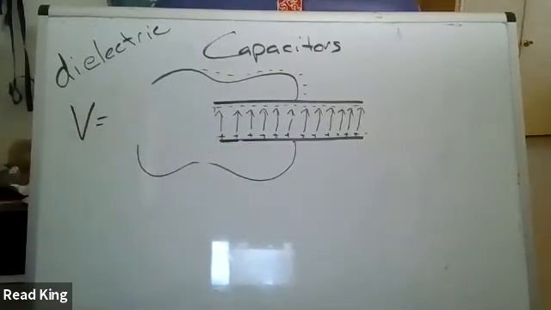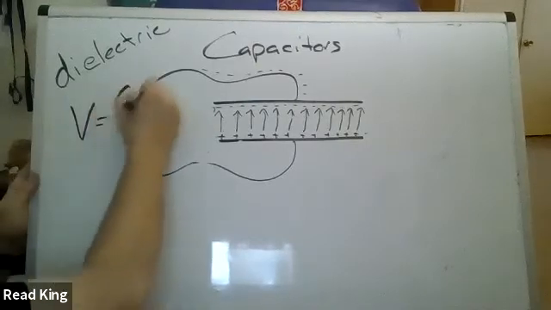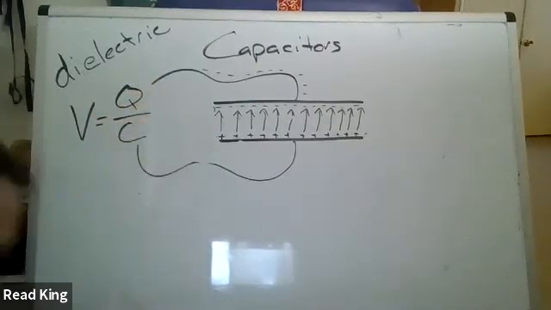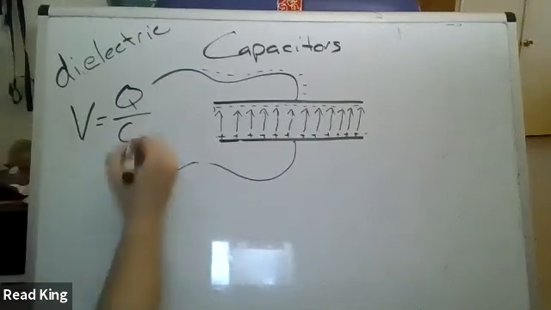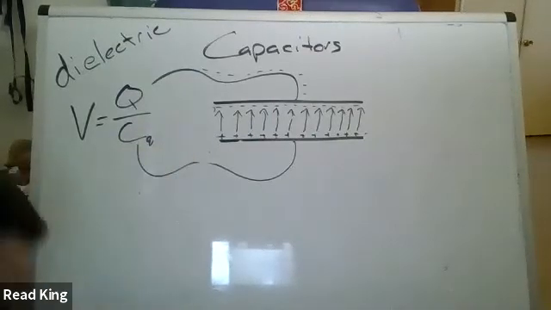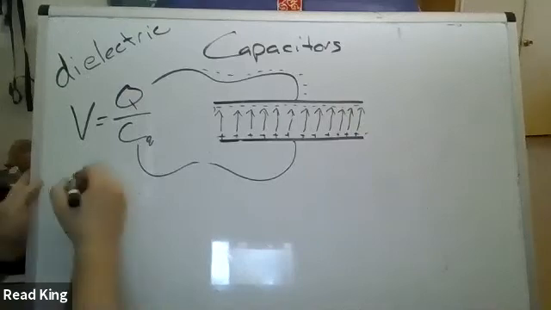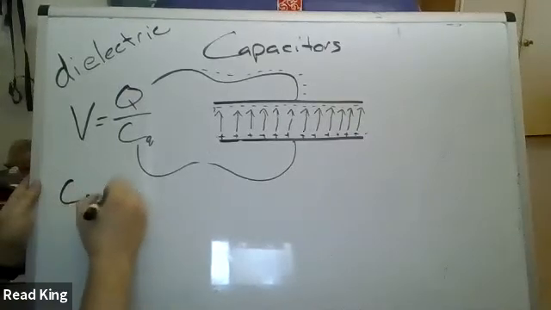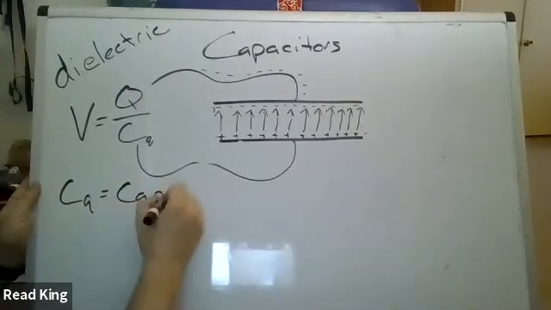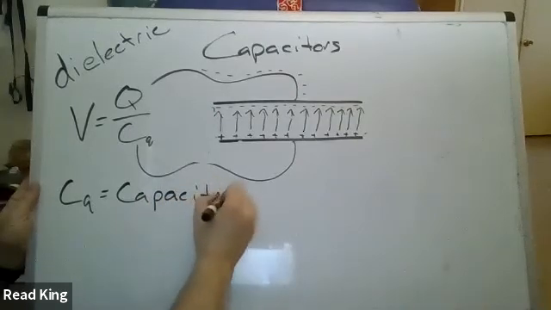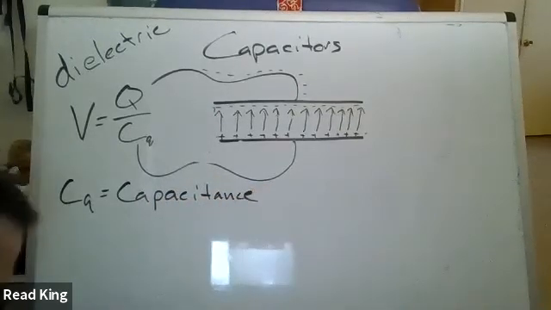The electric potential is going to equal Q over C sub Q. V is the electric potential. Q is the total amount of positive charge stored on the capacitor. And C sub Q is called the capacitance of the capacitor.